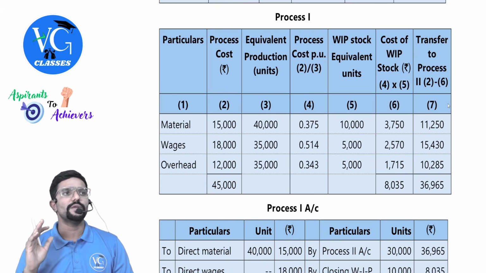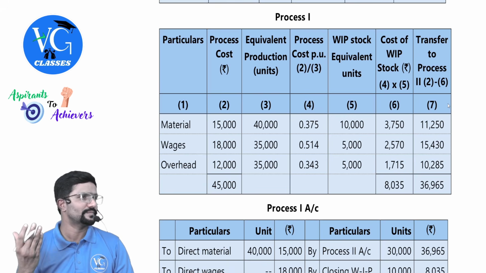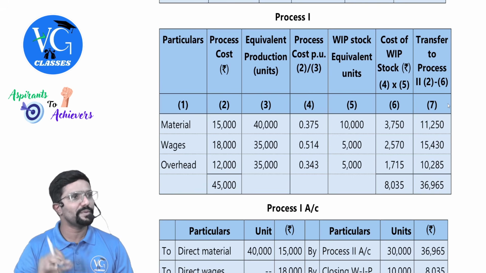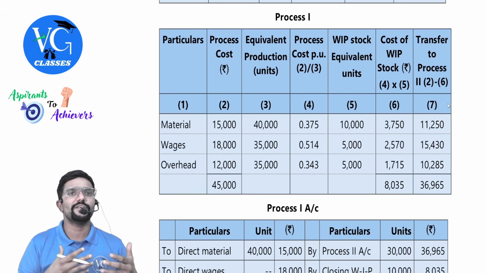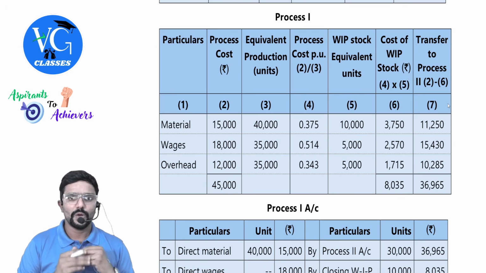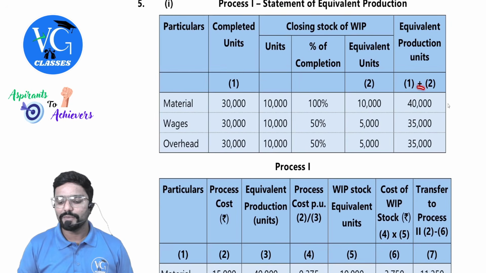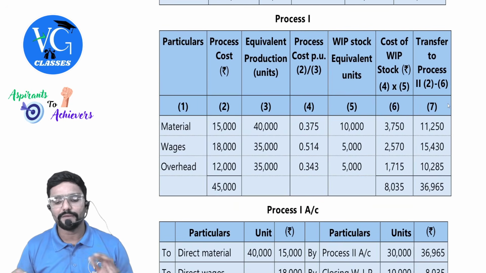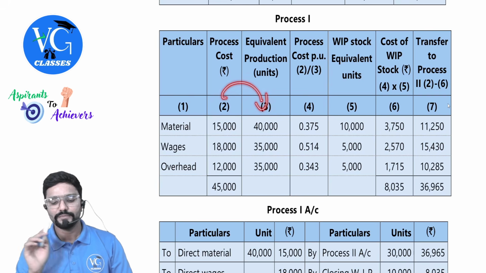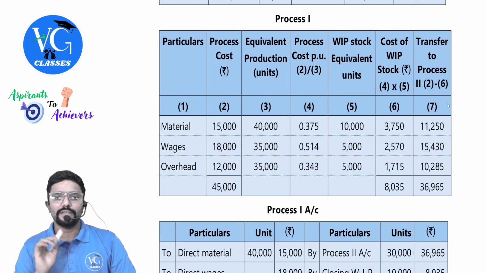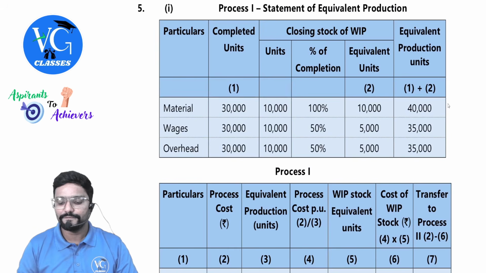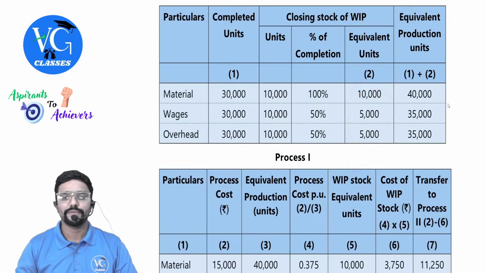As there is no opening WIP, you need not even worry about the method to be followed, guys, because only when there is opening WIP do we have to be concerned whether we are following the FIFO method or weighted average method. Equivalent production units is how much? 40,000, 35,000, 35,000. So calculate cost per equivalent unit. Divide 2 by 3. Next, WIP equivalent units is how much? 10,000, 5,000, 5,000.